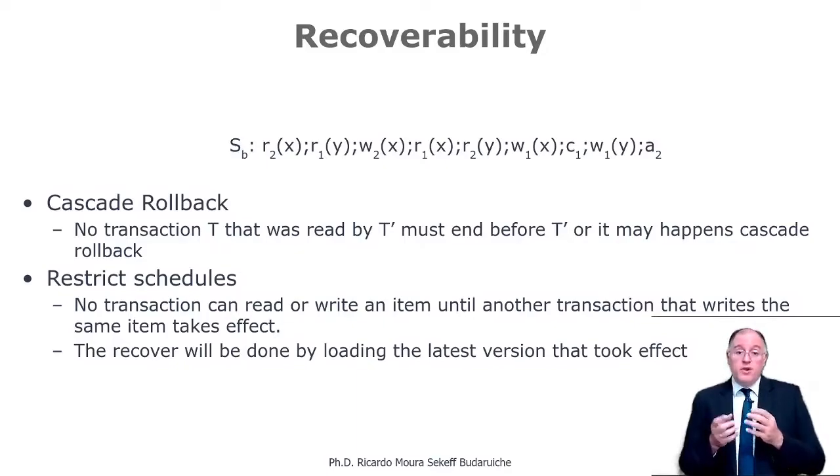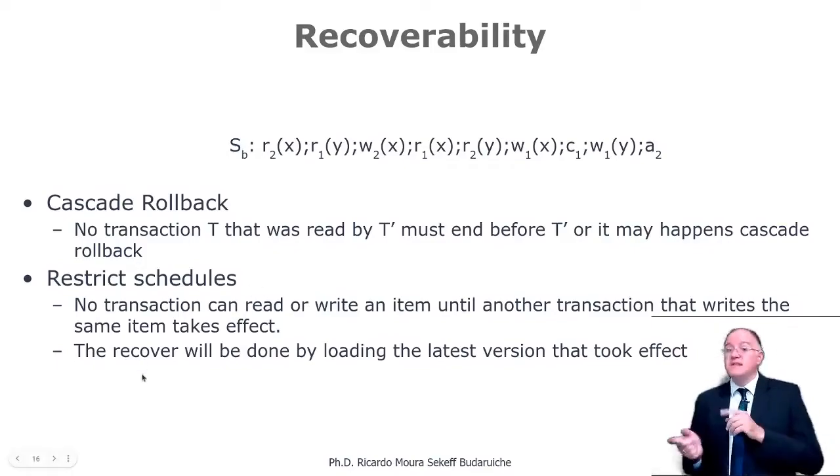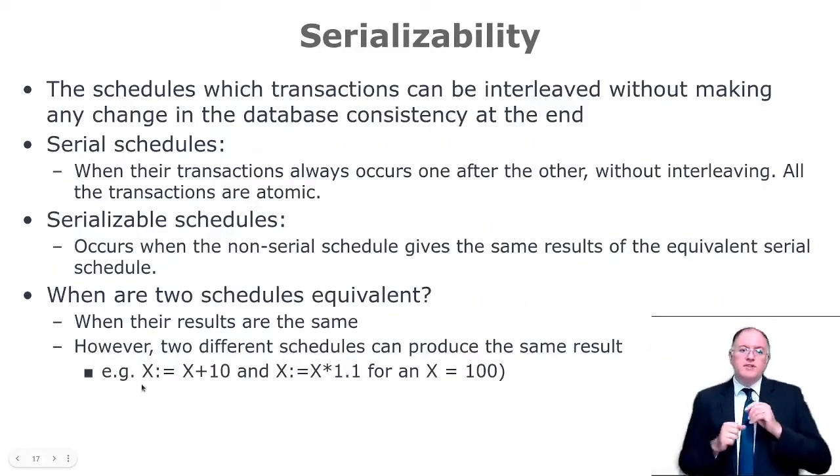To reorder some operations in the schedule, the DBMS uses the concept of serializability we talked about before. That means the order of the operations and transactions in a schedule. The concurrency control, as necessary, can reorder the operations in a schedule without affecting the final result of the plan or the database consistency.